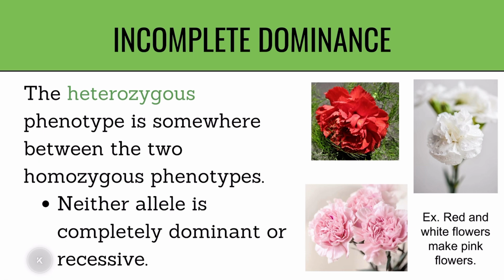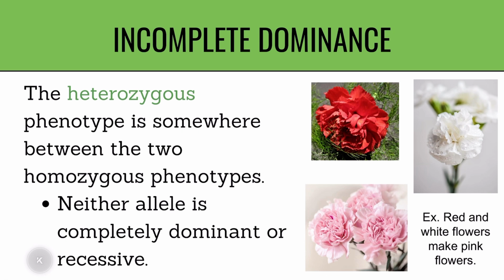So our first one is incomplete dominance. This means that when you have a heterozygous, so remember heterozygous means 1 dominant allele and 1 recessive allele, or just 2 different alleles really here, neither one of them is dominant or recessive. So when you are heterozygous, your phenotype is somewhere in between.